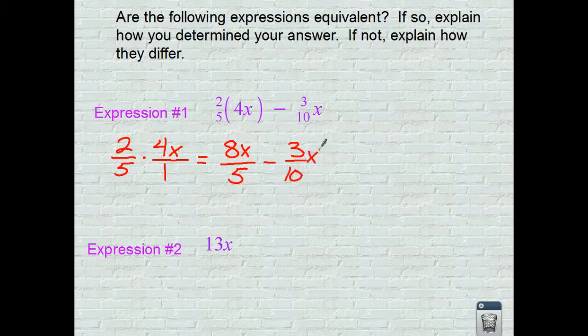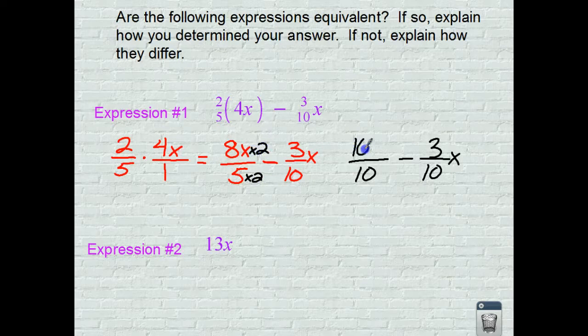And now we need a common denominator to make sure that we can subtract these fractions. So the common denominator of 5 and 10 would have to be 10. So we have 10, and we're not going to be changing the second fraction, so we'll leave it as 3/10 x. All right, so how do we get from a 5 to a 10? Well, we multiplied by 2, so let's multiply the top by 2, and we're going to get a 16/10 x subtracted by 3/10 x.